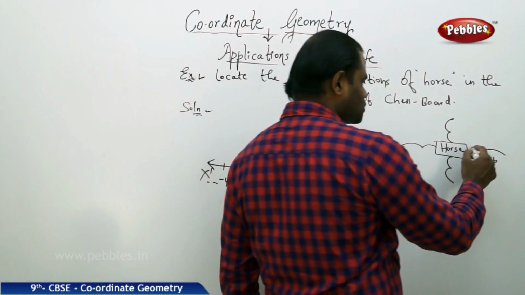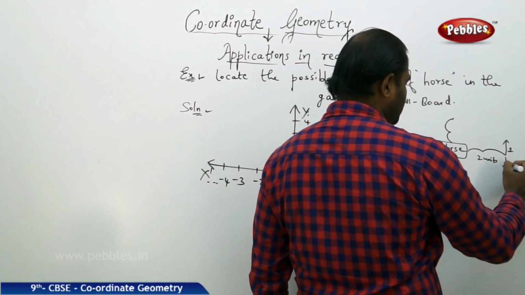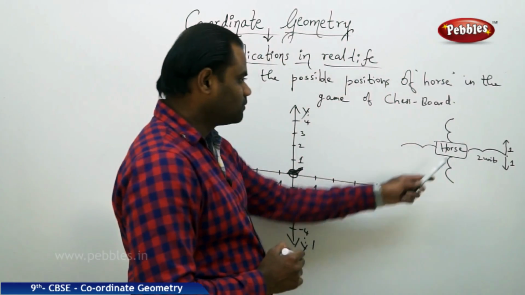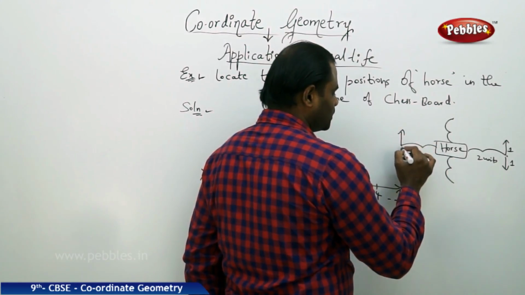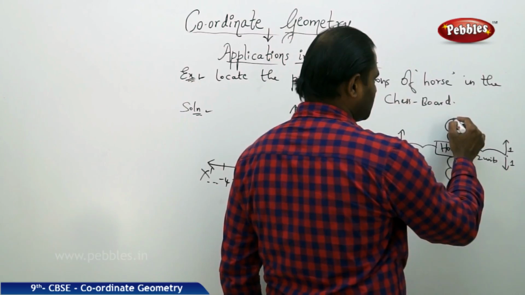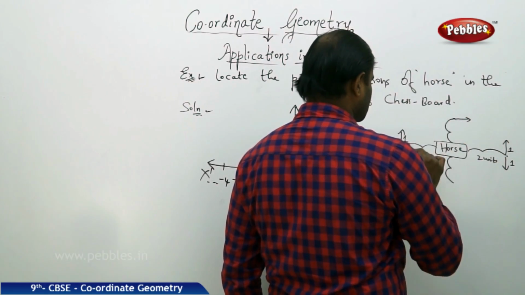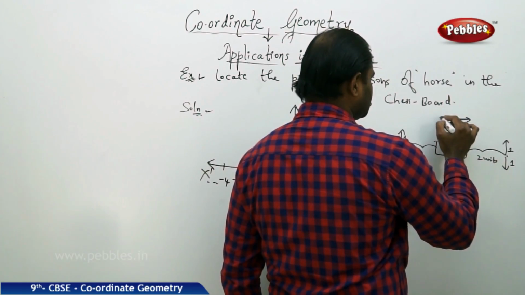So if the horse moves 2 units right, it can either move 1 unit up or 1 unit down. If the horse moves 2 units left, then it can either move 1 unit up or 1 unit down. If the horse moves 2 units up, it can move either 1 unit right or 1 unit left.